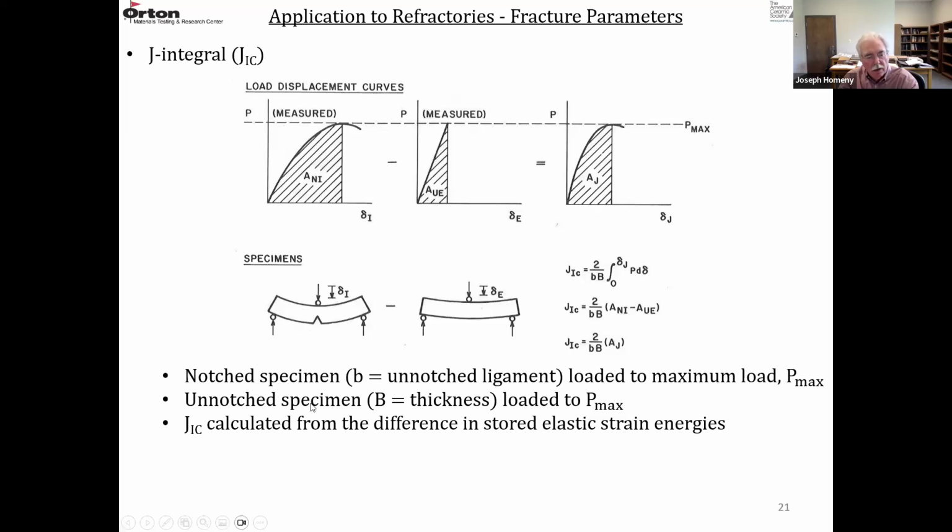In the unnotched sample, B is the thickness. So you measure this unnotched ligament, small b, and the sample thickness B. You generate these two load displacement curves, measure these areas, take the difference, and that's AG. So it's basically calculated from the difference in these two energies.